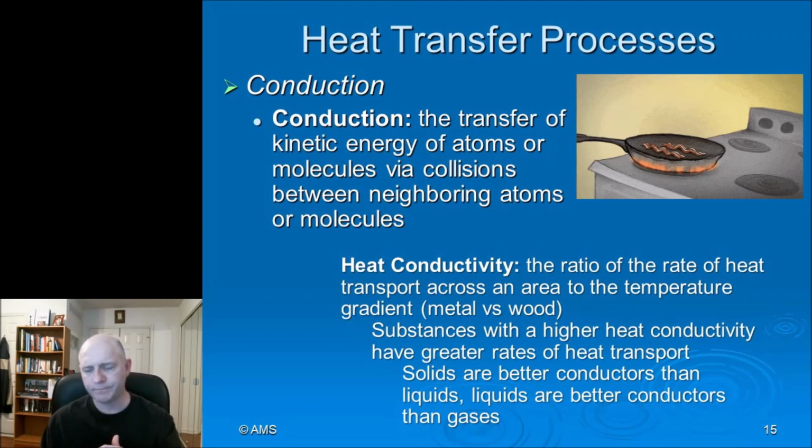The strength, if you will, of how that energy is transferred between the two substances is called heat conductivity. It's the ratio of the rate of heat transport across an area, across that temperature gradient or change in temperature across a lateral area. For this, think about metal and wood.